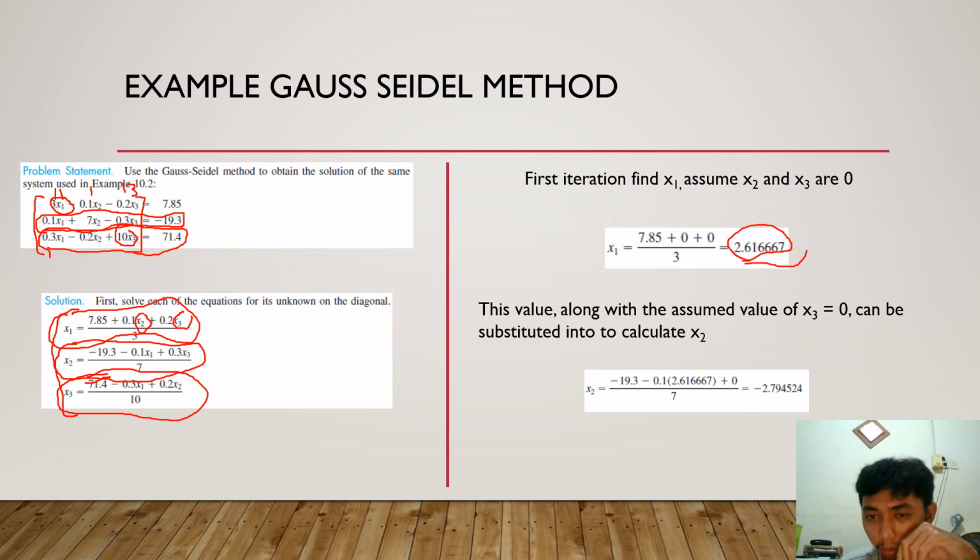We substitute this value of x1, and we assume x3 is 0, into the equation of the second row.